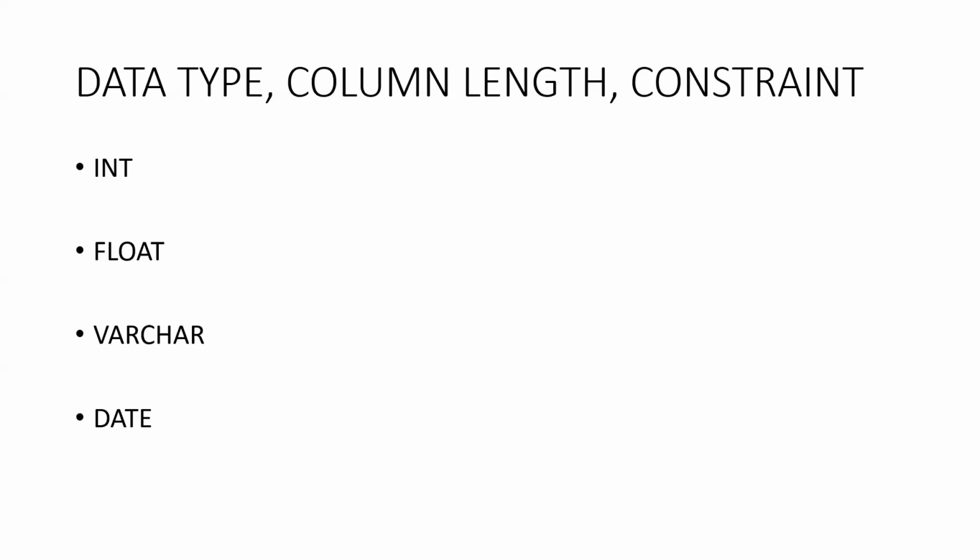Suppose the product name is shampoo. Shampoo cannot be integer. Shampoo is a varchar. So while creating the table, we need to think about what columns we are creating, and what kind of data the particular column will store, whether it's a string, integer, float, or date. I'll be coming to them one by one. For date, maybe there is another section.